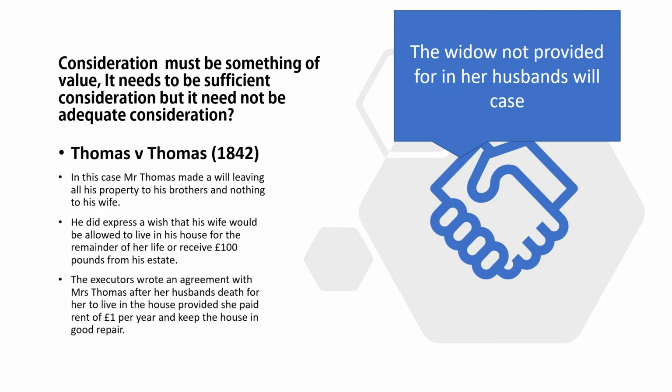However, the people who administered the will did give the lady, Mrs. Thomas, the right to reside in the house, provided she paid £1 per year for the rest of her life. And she started to live there.